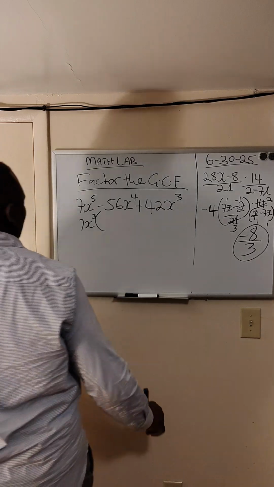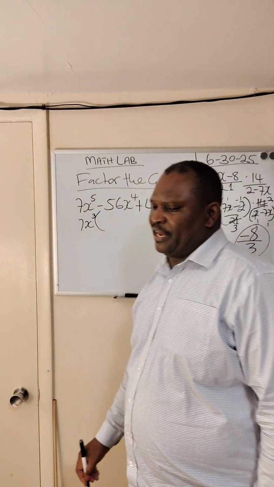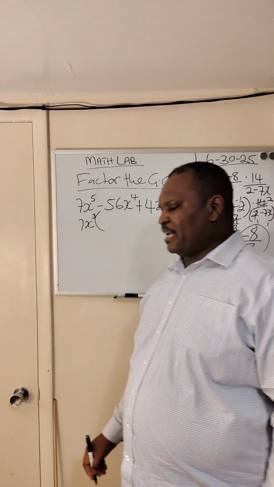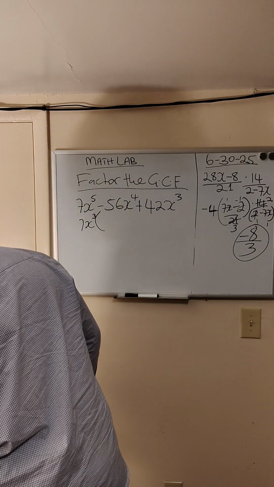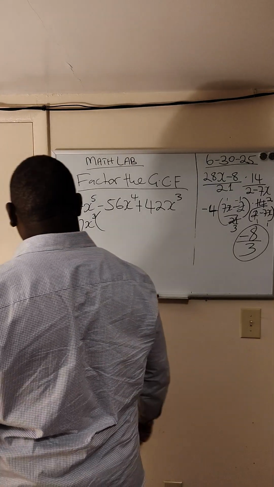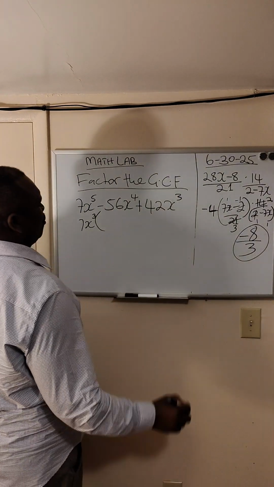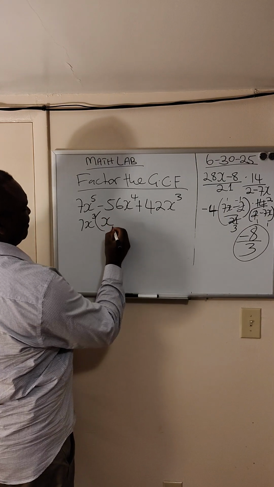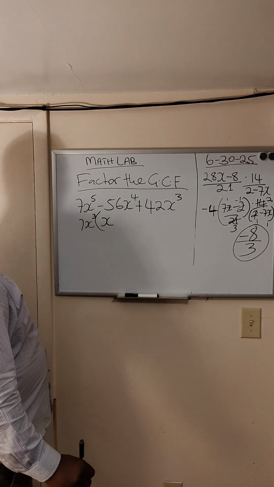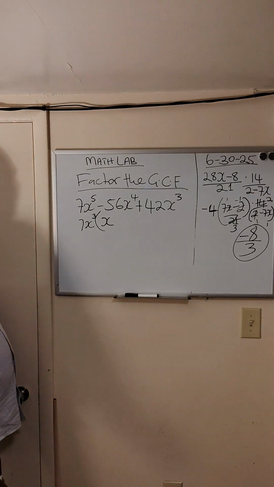And so we're going to pick 7x raised to the power of 3 as our common factor, and we are going to put a parenthesis in there, and now we are going to put x inside the bracket.